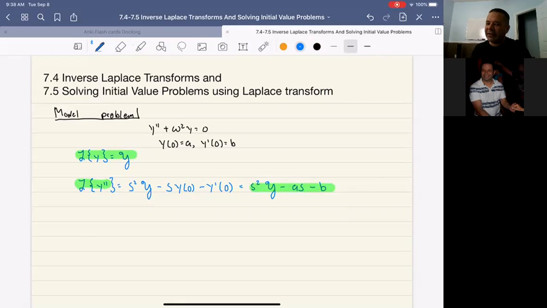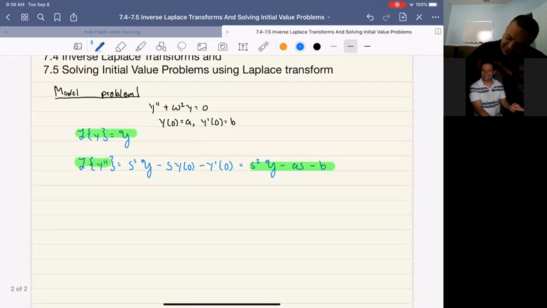Okay, I don't have anything else. So I'm going to put this equation into Laplace transform form, and we get, let's take the whole initial value problem.